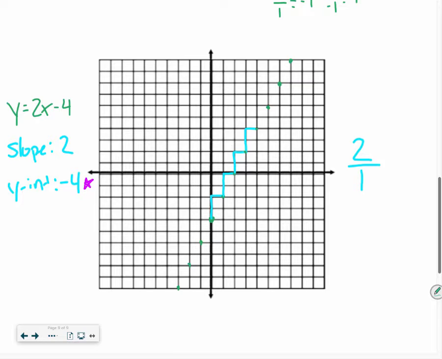Sometimes it just helps when you're learning to draw those steps in, okay? So that is the line y equals 2x minus 4.